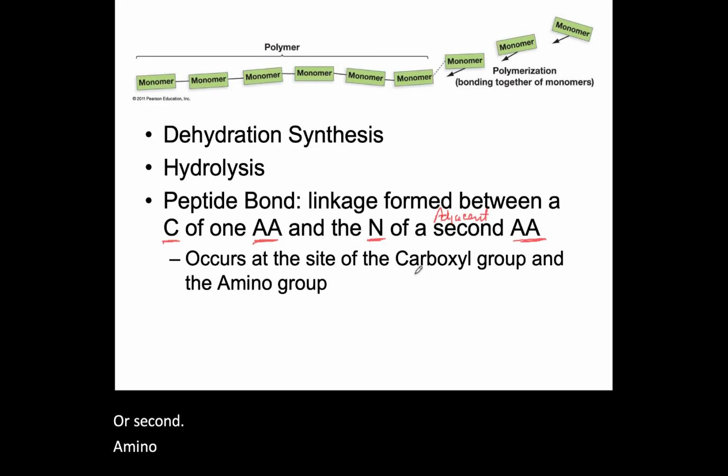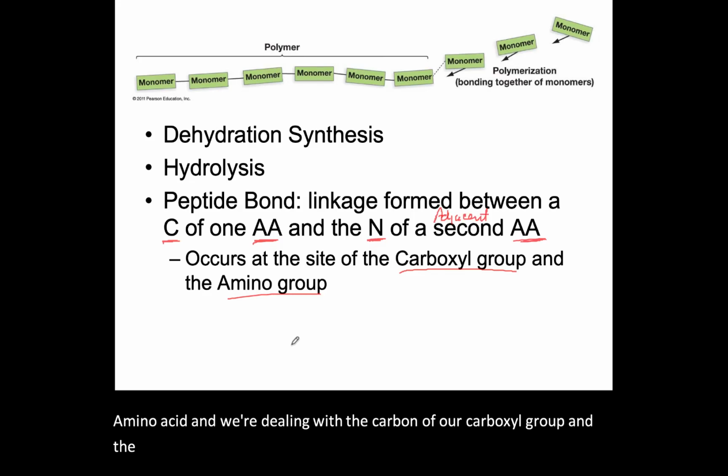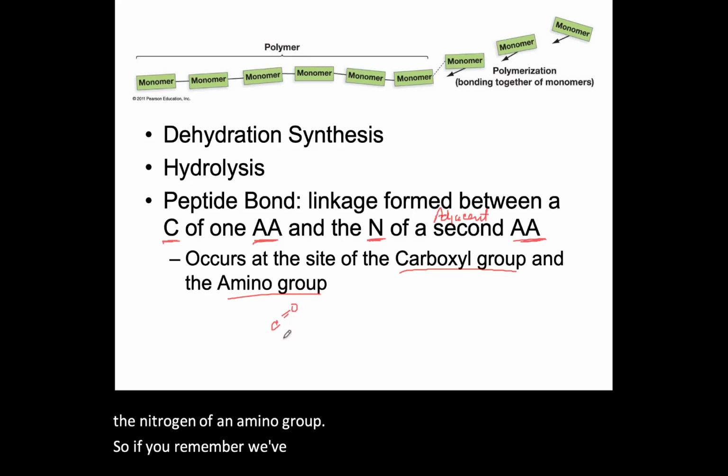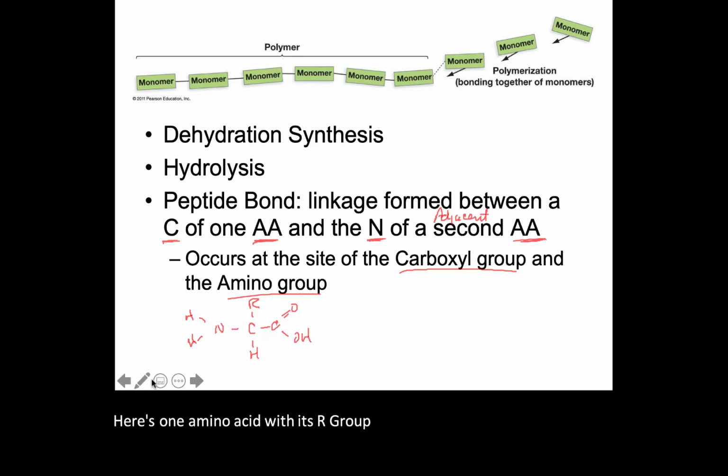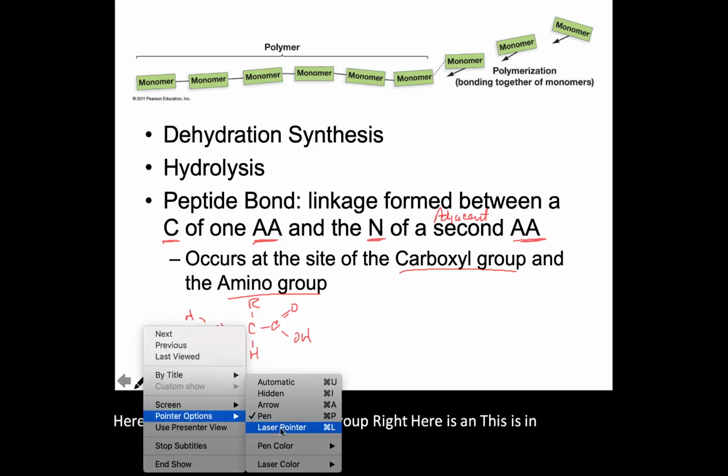We're dealing with the carbon of our carboxyl group and the nitrogen of an amino group. So if you remember, here's one amino acid with its R group. And this is in a diagram on the next screen as well.